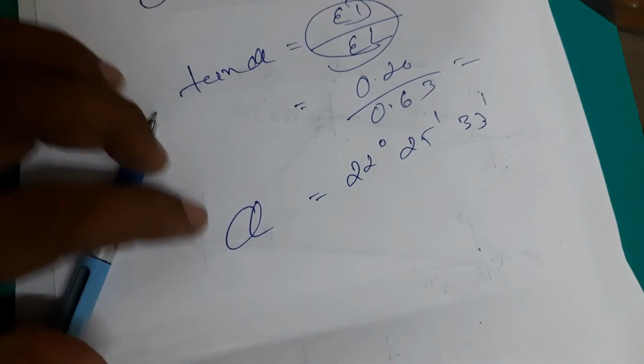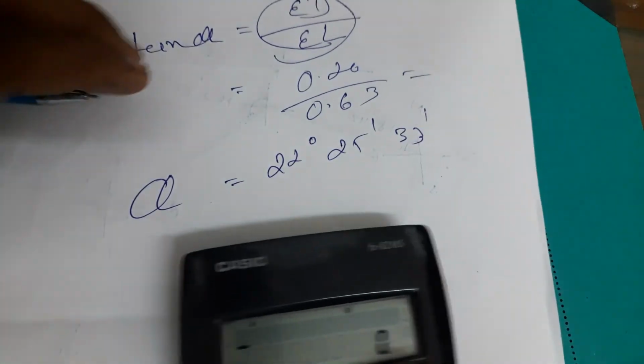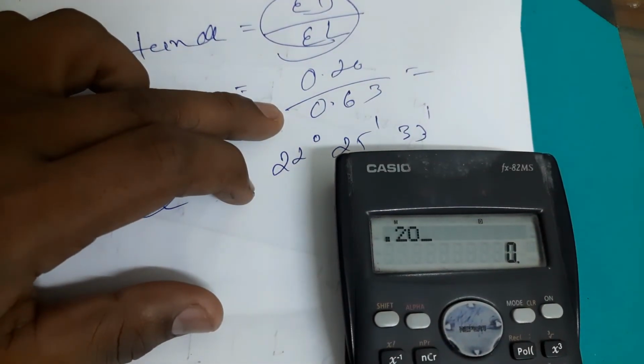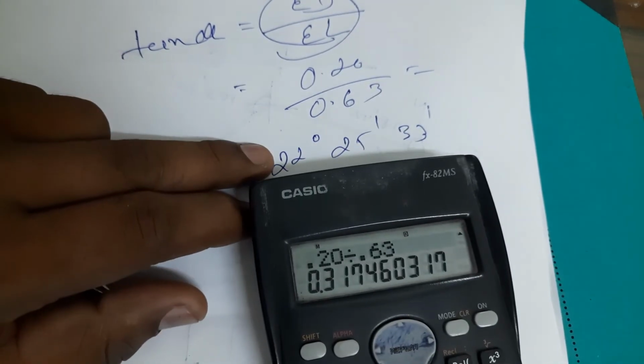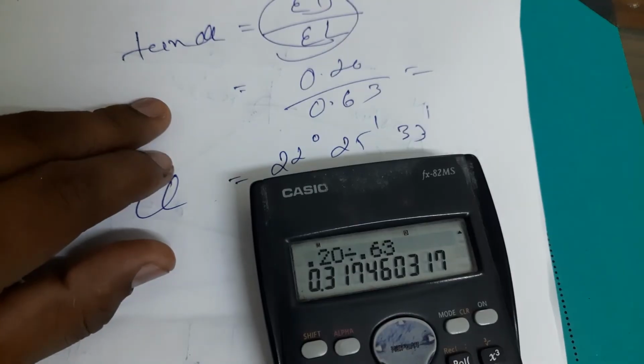Now when you find a value in decimal form, like here 0.26 divided by 0.63, it is a decimal value, so we also have to take the inverse.